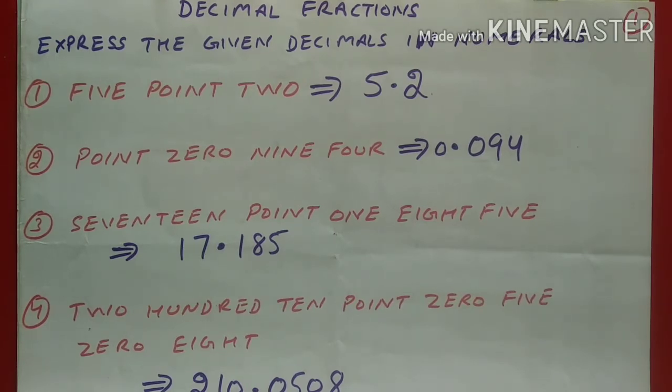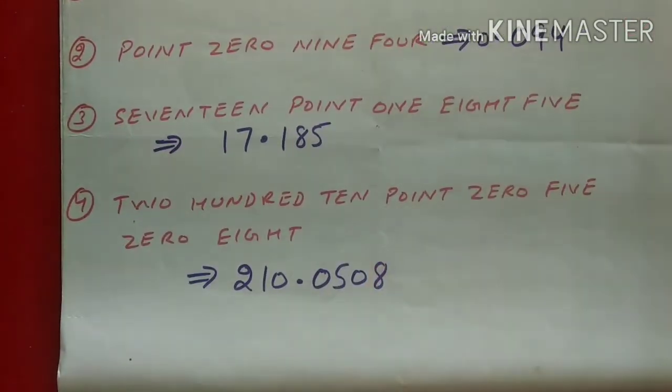Now in the third question you can see it is written 17.185. So it will be read as 17 and 185 thousandths. Now you can see 210.0508.